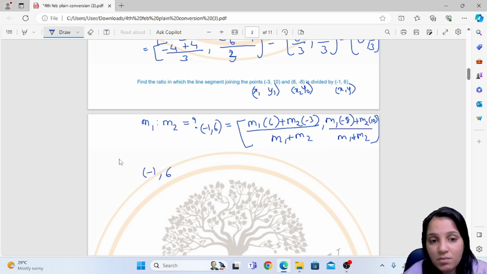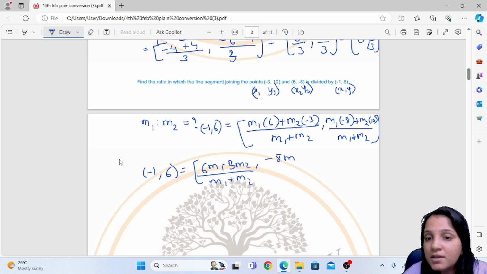So minus 1 comma 6 is equal to 6 m1 minus 3 m2 upon m1 plus m2 comma minus 8 m1 plus 10 m2 upon m1 plus m2.